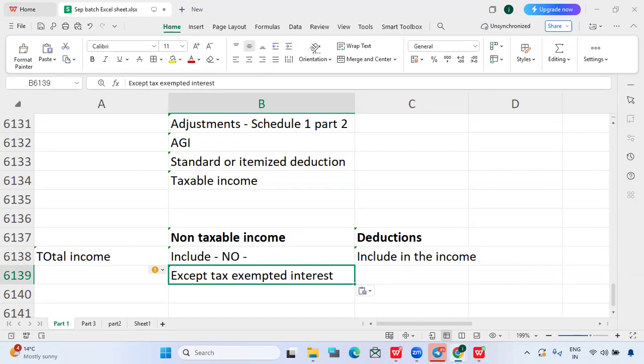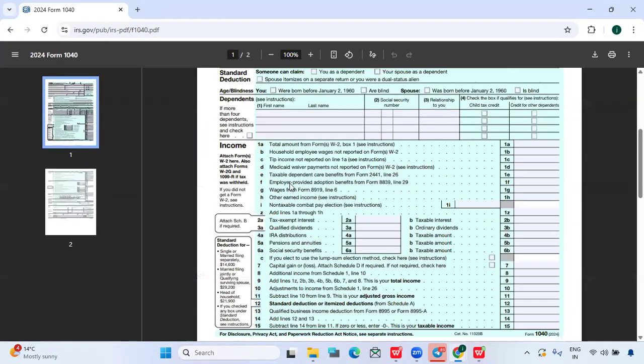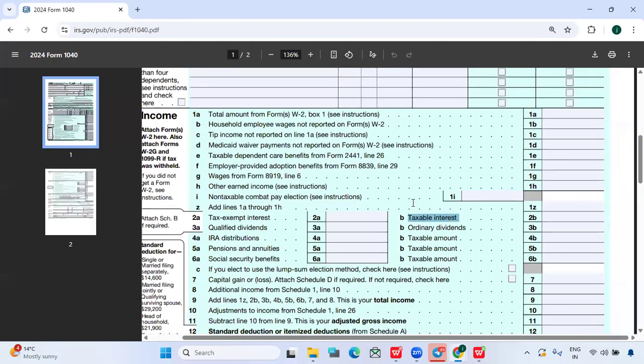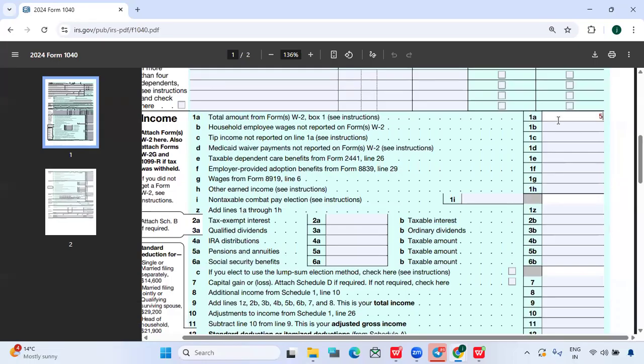Let me show you the Form 1040 again. So here in Form 1040 we have tax exempt interest and taxable interest. Let's say we have $50,000 wages income, and also $5,000 taxable interest, and $3,000 tax exempted interest.